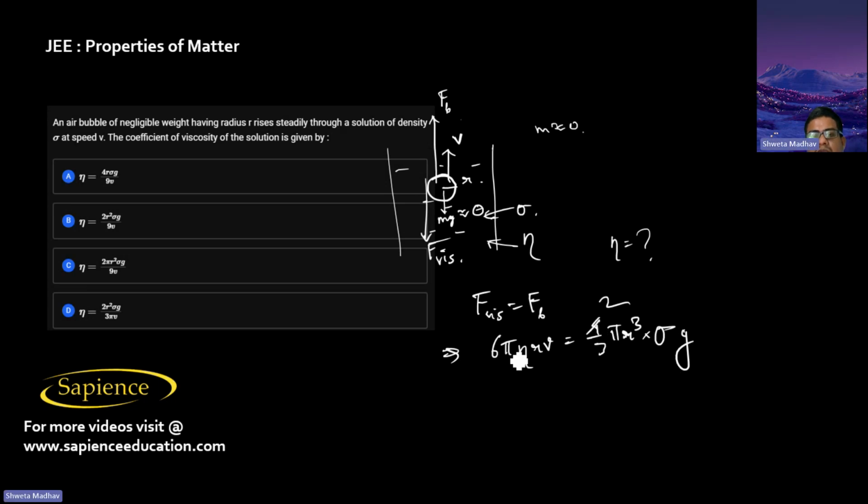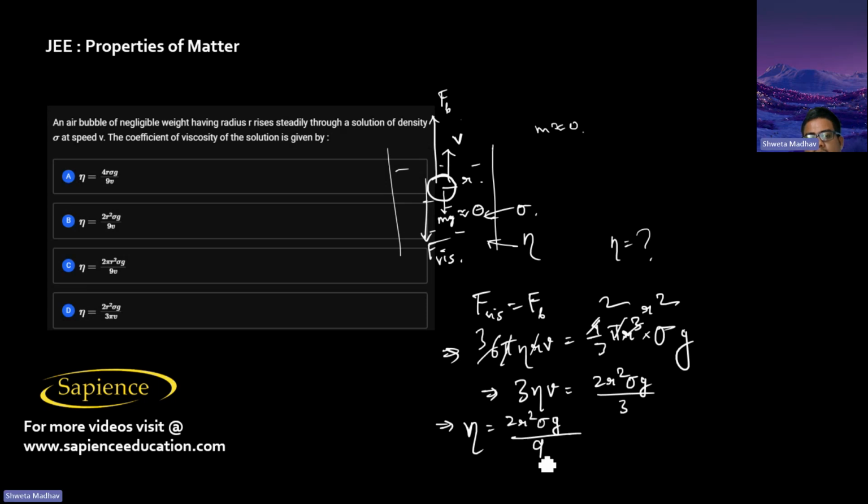So the 4 will cancel with the 6, and r² π also will cancel. This is 3ηv, so that is 2r²σg by 3. Therefore, η will be 2r²σg by 9v.